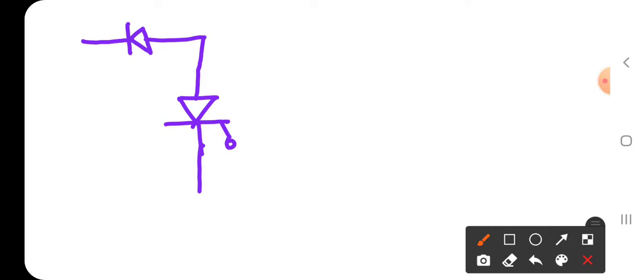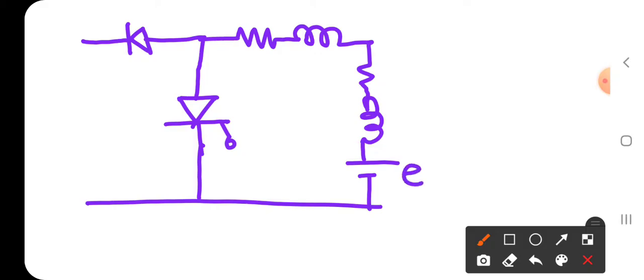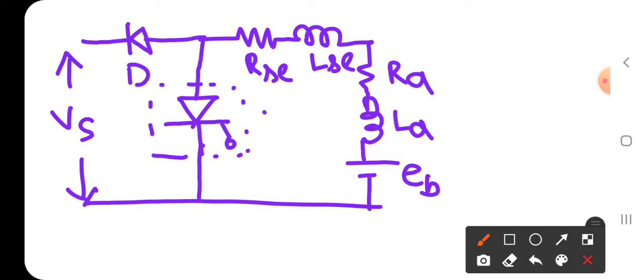The chopper circuit is given like this: EB, LA, RA, RSE, LSE, VS. This is the diode, and this is the chopper.